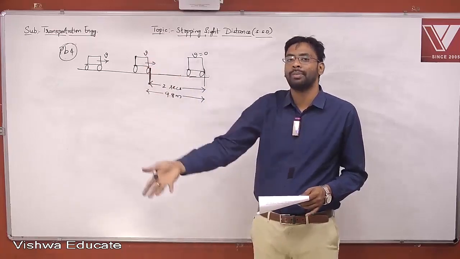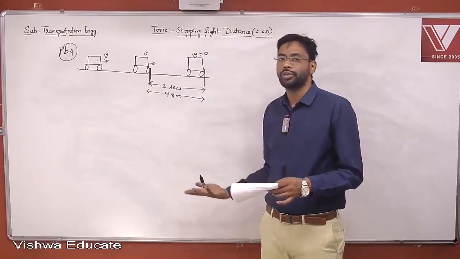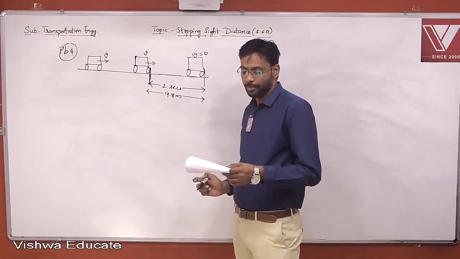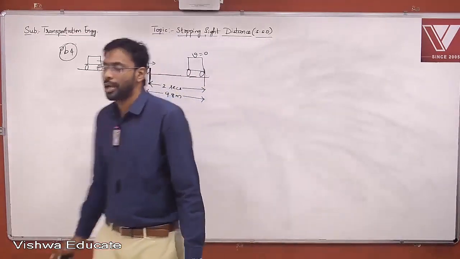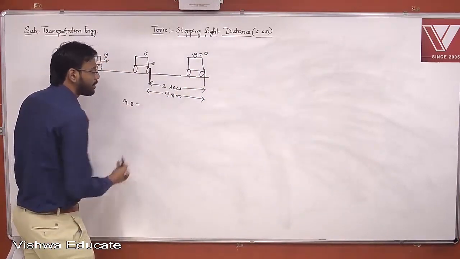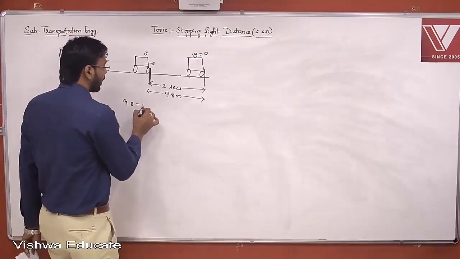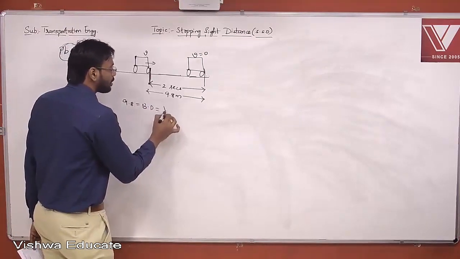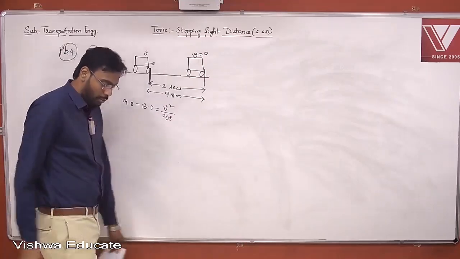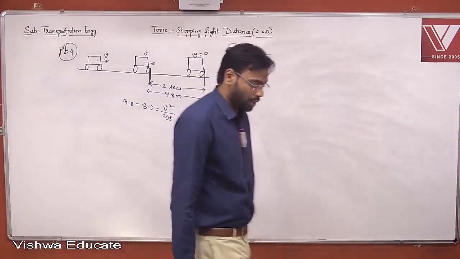If you fully jam the brake, it goes to skidding. So the skid resistance measured was 9.8 meters. So this 9.8 meters here is nothing but braking distance, which is v square by 2gf.